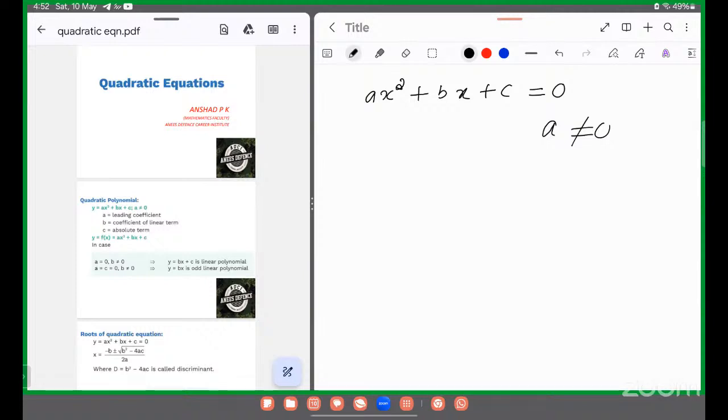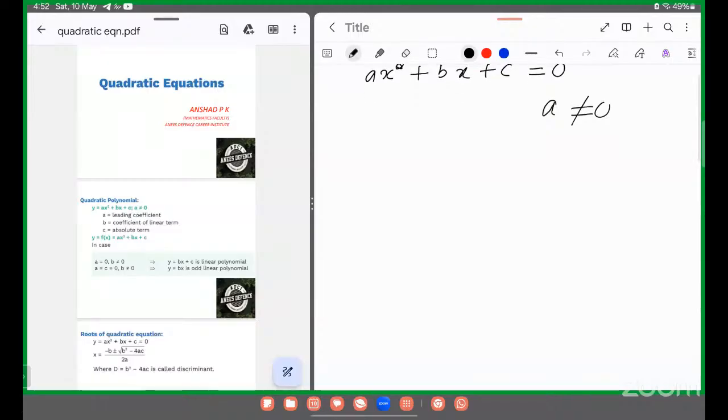So in a quadratic equation, we know that the degree is 2, so there should be two solutions, or two roots. If we want to find the roots of a quadratic equation, that means at what value of x the value of the quadratic equation matches 0.